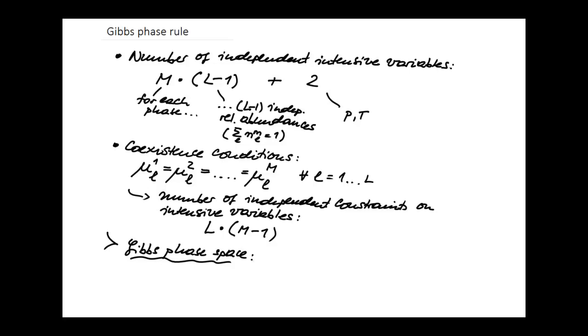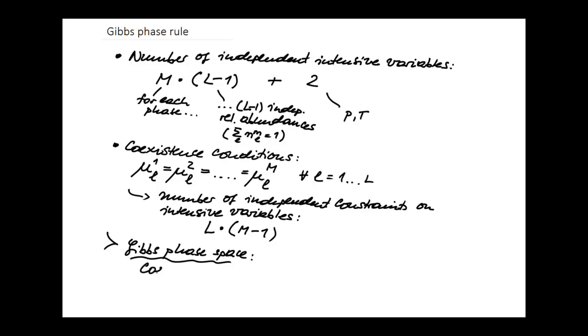When we require coexistence of these m phases, then we have these L times (m-1) constraints. We subtract that from the number of degrees of freedom that we have for our intensive variables. And then what remains describes the dimensionality of the coexistence manifold. I'll show it in a minute in specific examples so that you have a more visual idea of that.